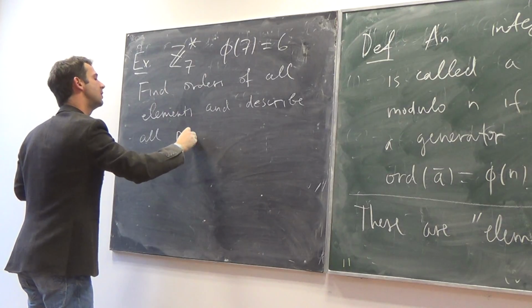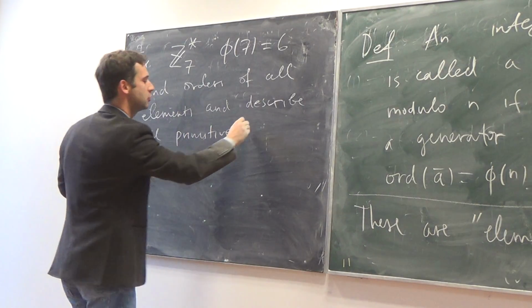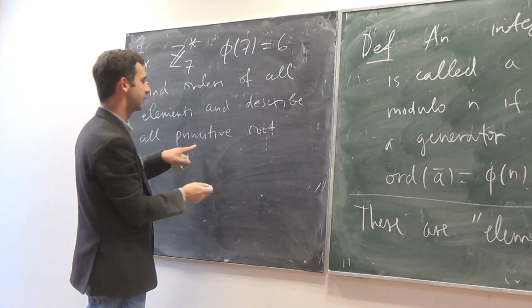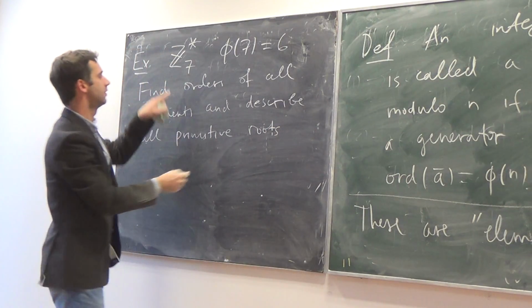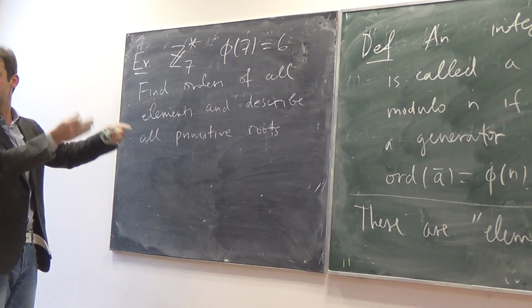Primitive root is just an old-fashioned terminology to say generator. There's not much primitive or much root about it, but it's just a generator in this context. That's kind of a standard question in this field.